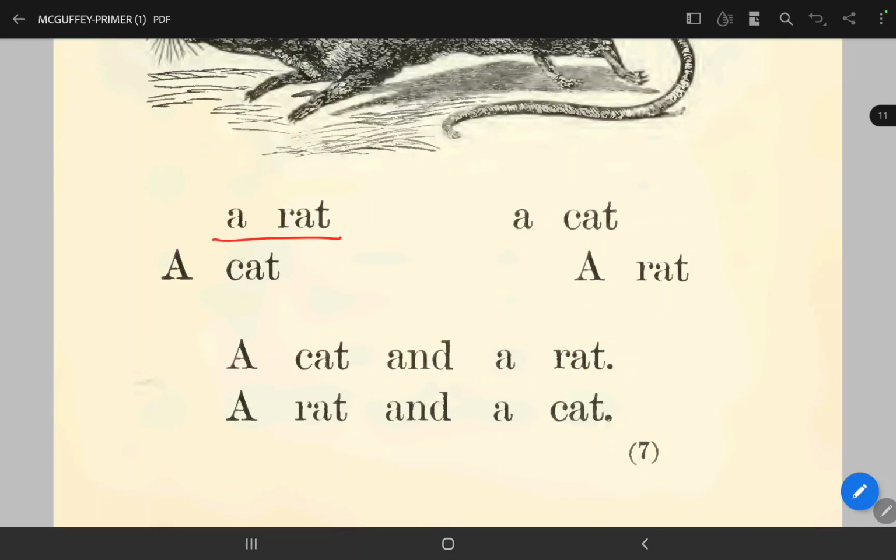You know R says R. This is the English short A, which says A. Put the R and the A together, you have ra. And at the end you have the classical T, which says T. So let's put that together. R, A, T, rat, a rat.